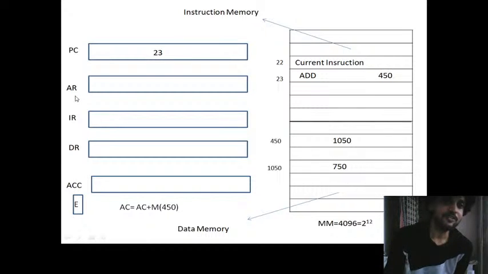So for that reason, the program counter value must be transferred to the address register. Why? Because I do have an address, taking which I need to go to the main memory. But the program counter cannot go to the main memory directly.